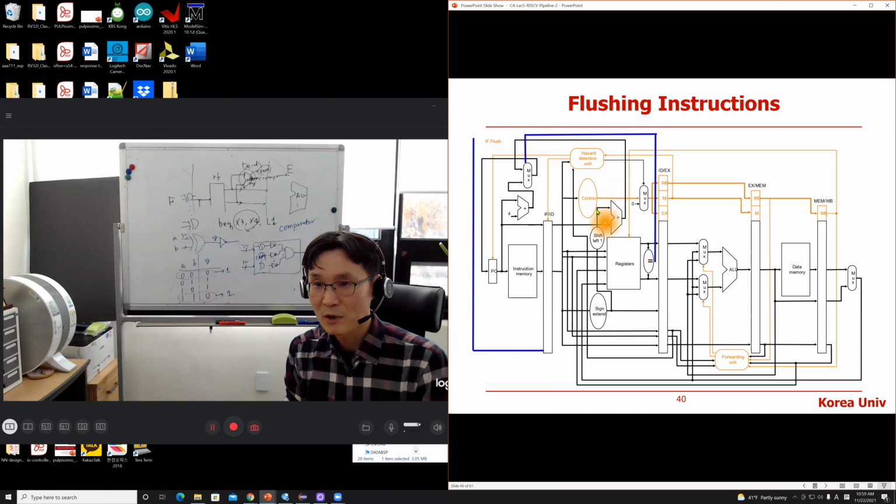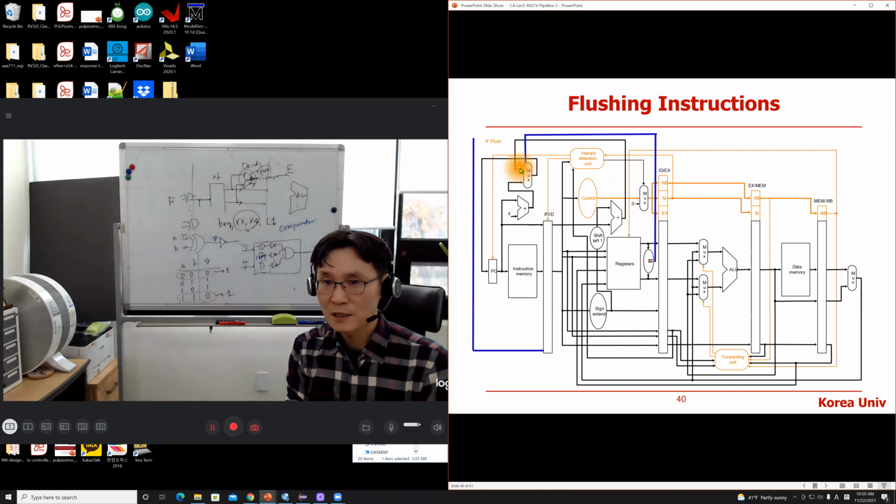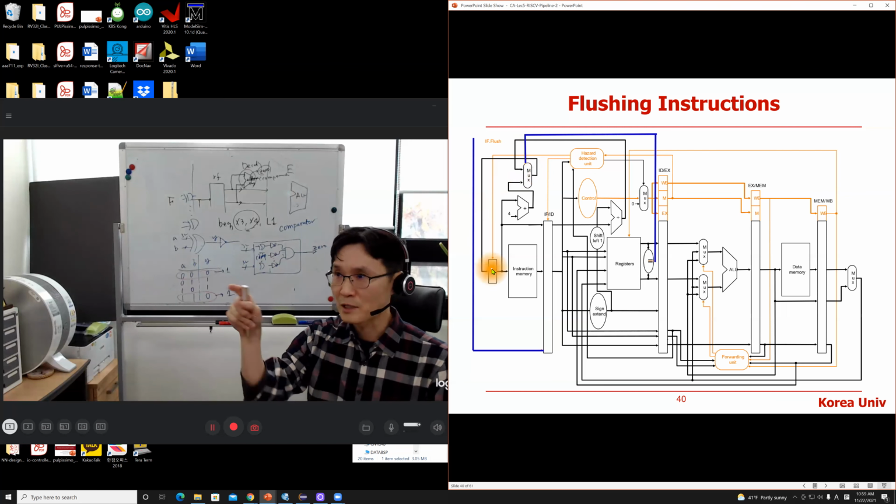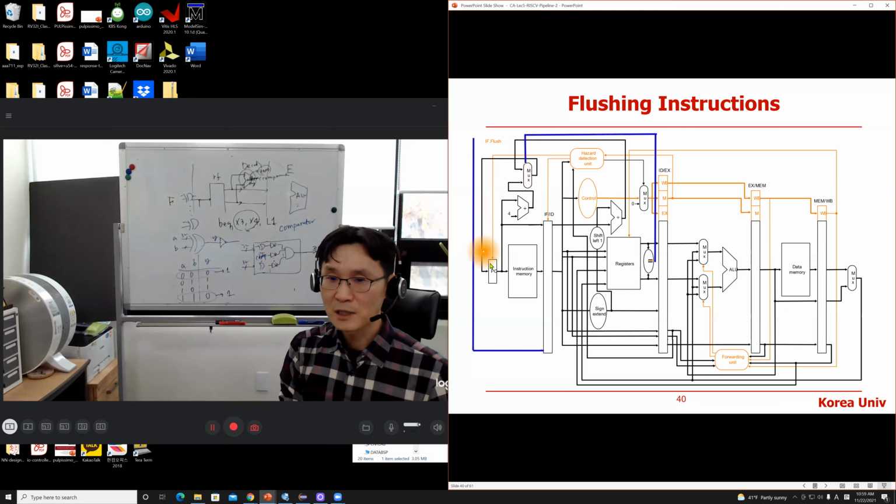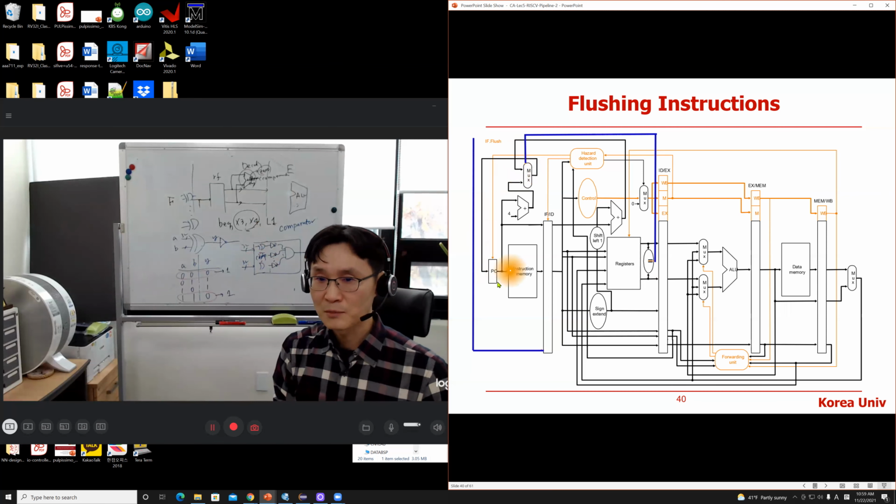That is the branch destination: PC plus the second input, and the first input is the sign-extended immediate destination. So you are selecting this one, and that goes to the program counter. At the rising edge of the clock, PC will be updated to that destination.